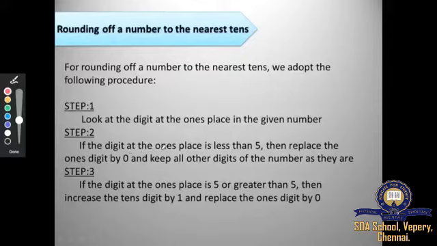If the digit at the ones place is less than 5, then replace the ones digit by 0 and keep all other digits of the number as they are. If the digit at the ones place is 5 or greater than 5, then increase the tens digit by 1 and replace the ones digit by 0.